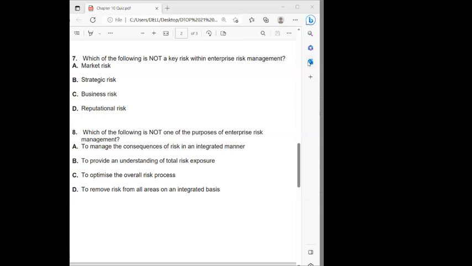Question number 7. Which of the following is not a key risk within enterprise risk management? Market risk, strategic risk, business risk, reputation risk. So, as we have discussed even before, the correct one is reputational risk.